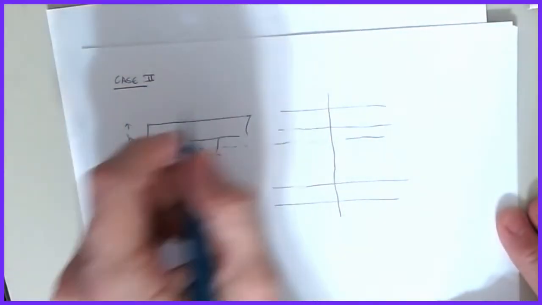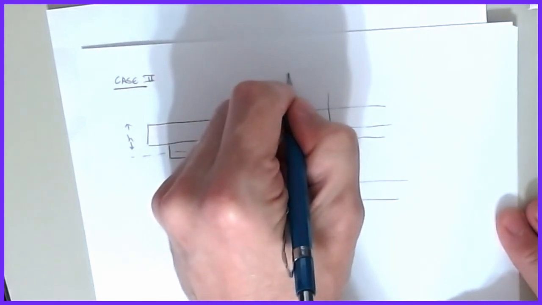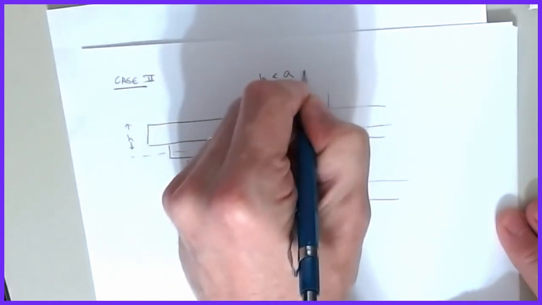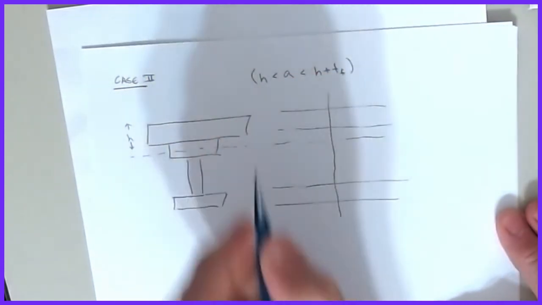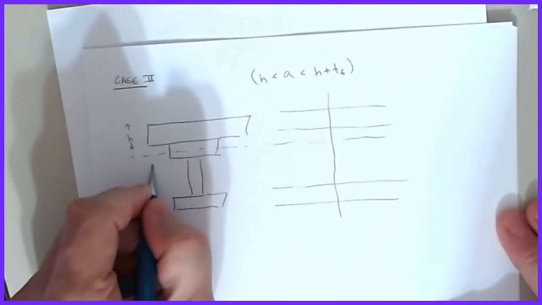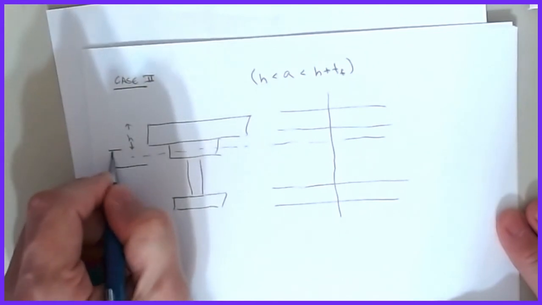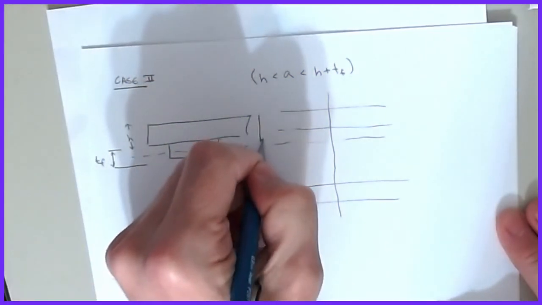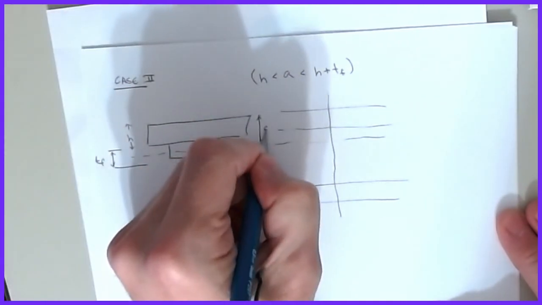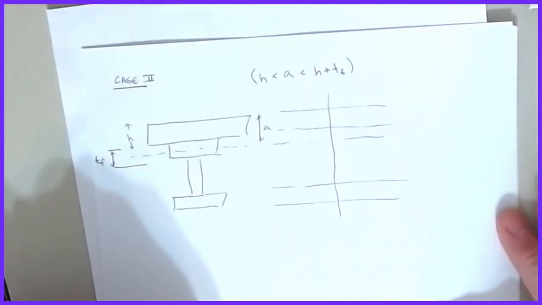Now we're in the case where my a is greater than h, but it's less than h plus tf. Because this distance we said was tf, and that distance is what we're calling a, where the block is going to be.